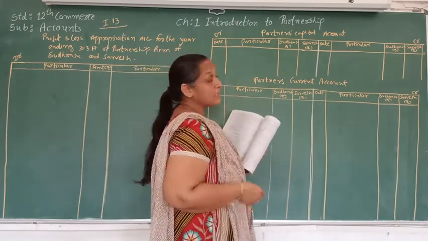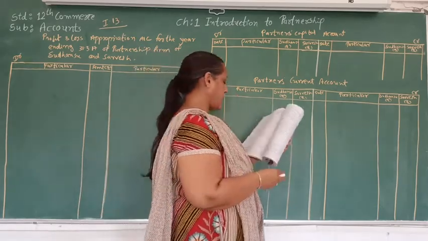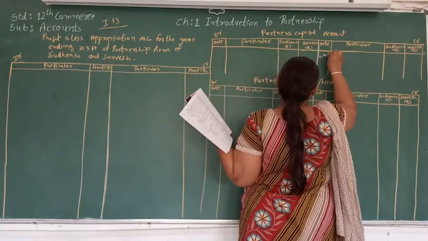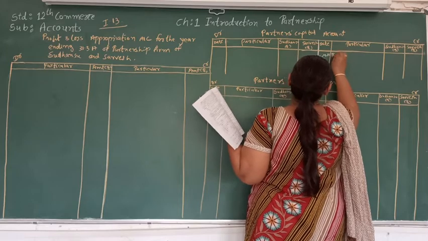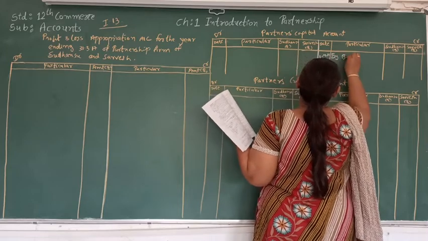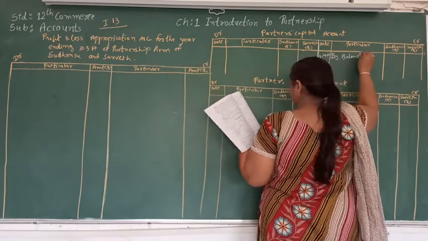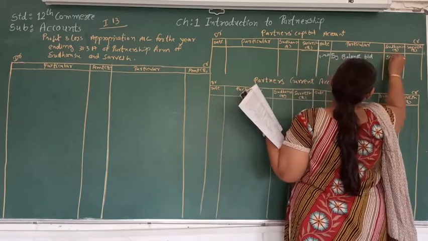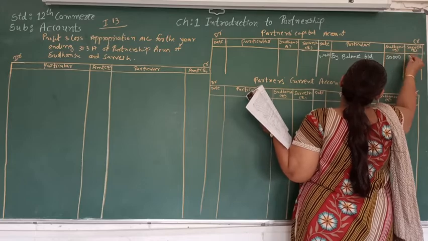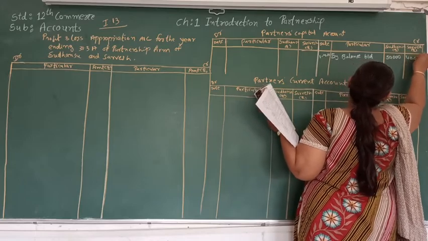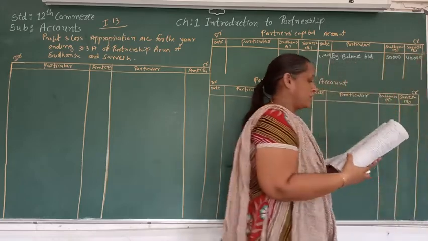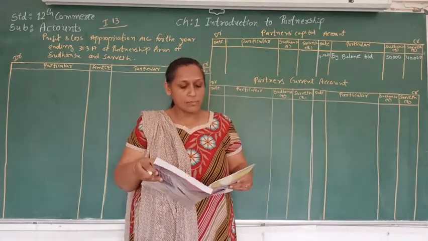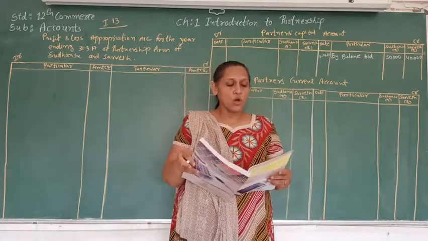So here in the capital account on the credit side we will write opening balance of the capital, that is on 1/4/16 by balance brought down. For Sudhanshu it will be 50,000, for Sarvesh it will be 40,000. Now next they are asking us that the drawing of the partner during the year was as follows.